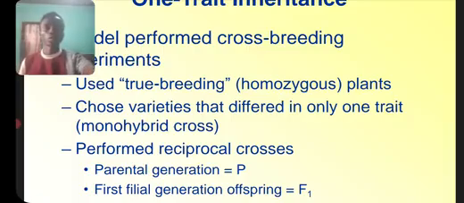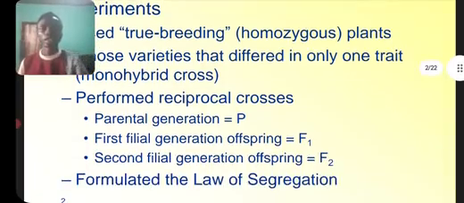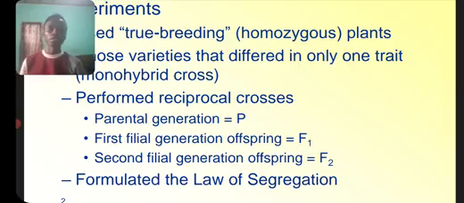He performed reciprocal crosses, that is, he swapped which parent carried which trait. For example, if he crossed female tall plants with male short plants, he got certain results.